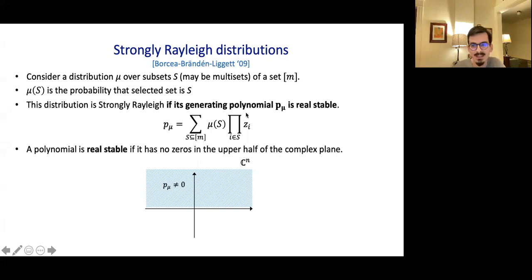So if I give all of these z_i's positive imaginary part, and this polynomial is real stable, that means it cannot be 0. And this is a bit hard to wrap your head around on a first viewing, but maybe for now, just notice that for a univariate polynomial, this implies real rootedness, because in that setting, roots come in conjugate pairs, so they all have to be real.